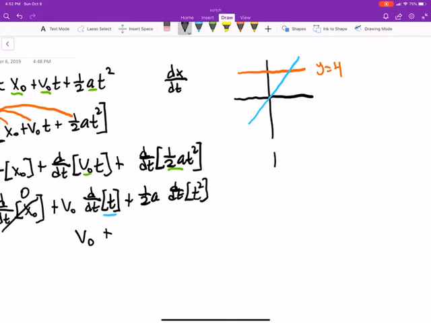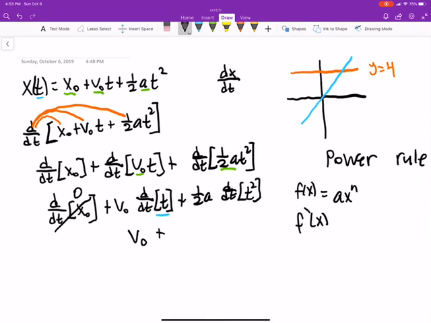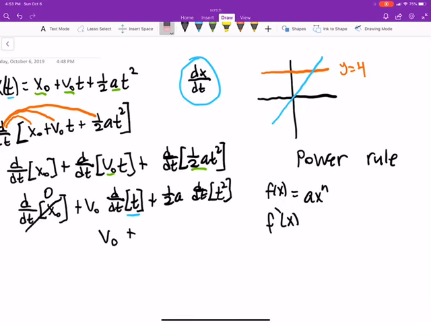Plus, and in case you forgot the power rule, if you have f of x equals x to the n, then f prime of x, this is Newton's notation, with this little guy up here. The way we do this is you bring your exponent down and you subtract 1. So that's your power rule, generally speaking.